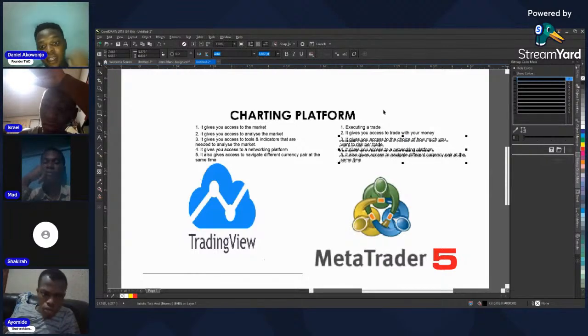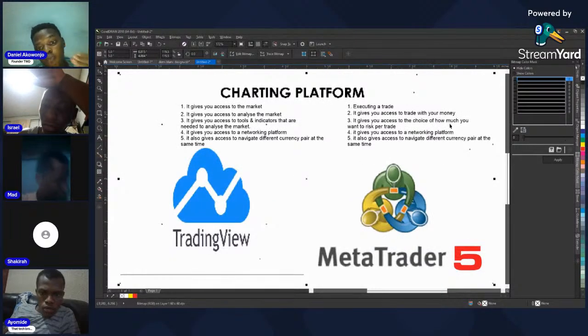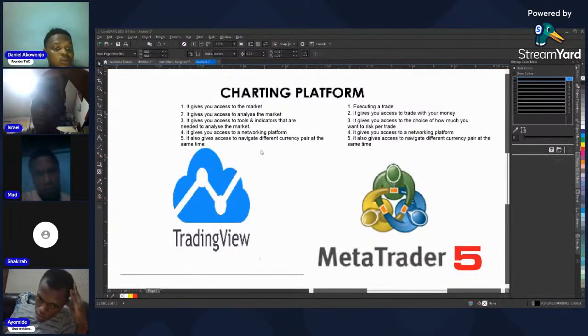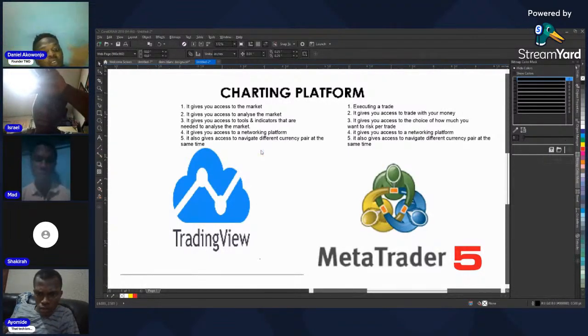So it's important to pay attention to this. It gives you access to the choice of how much you want to risk per trade. When you've made your decision on TradingView, you've known the direction at which you want the market to go, then straight up you go to your broker, and you fund, you now say, okay, yes, I funded $50.